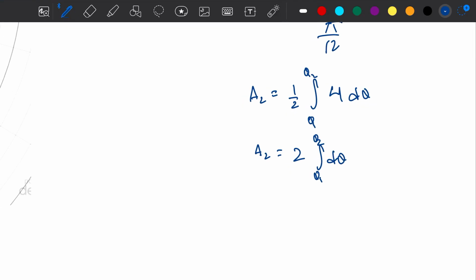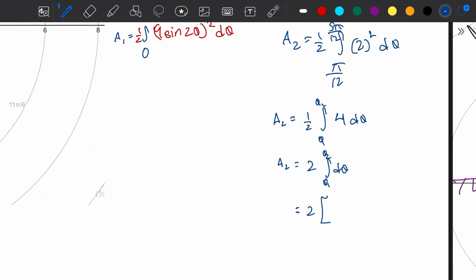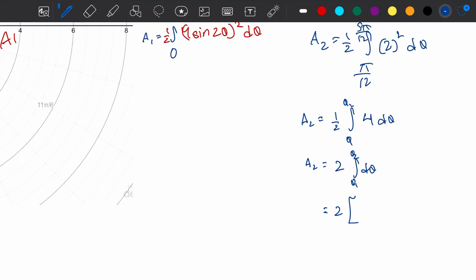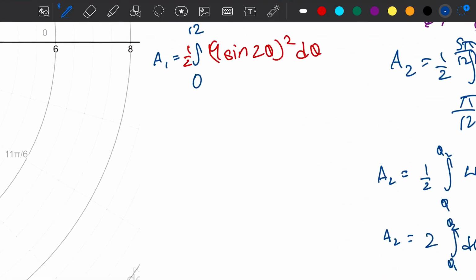When you integrate that, it's going to be 2 times theta, so that's theta 2 minus theta 1. You have 5 pi over 12 minus pi over 12, which is 2 times 4 pi over 12, equal to pi over 3. So that is just 2 pi over 3 units squared. We can cross that off our list.